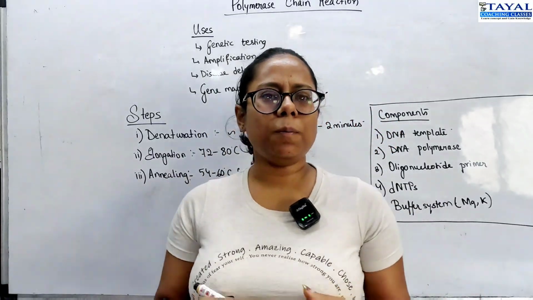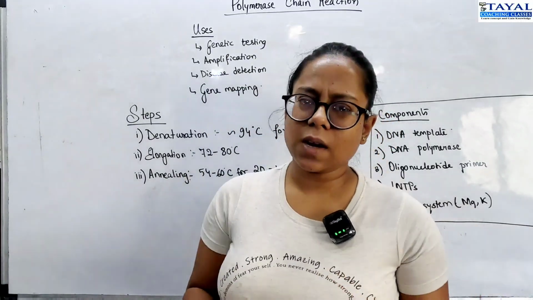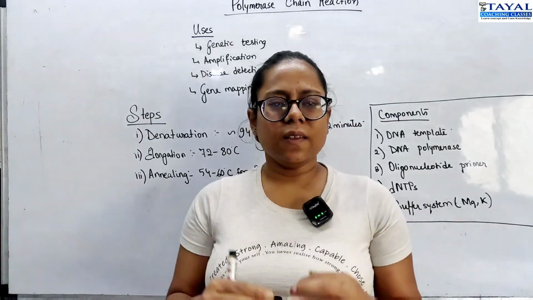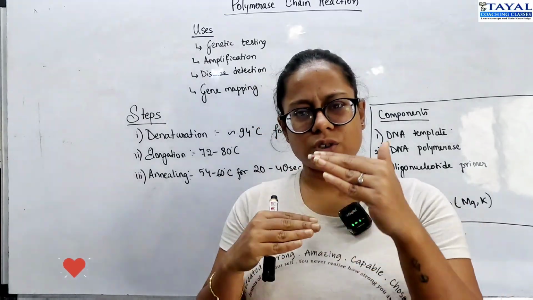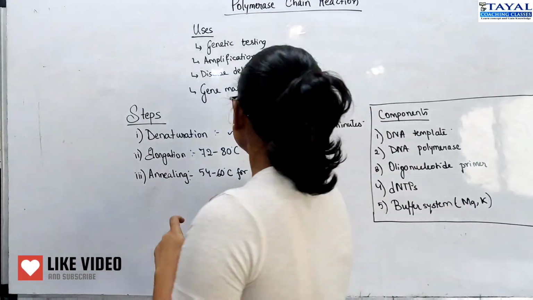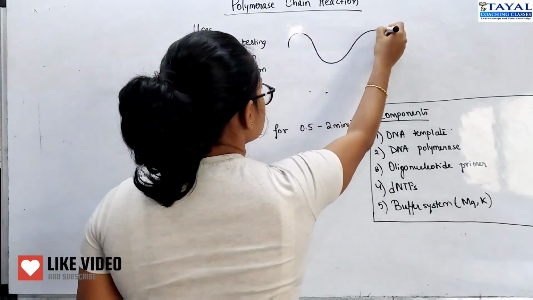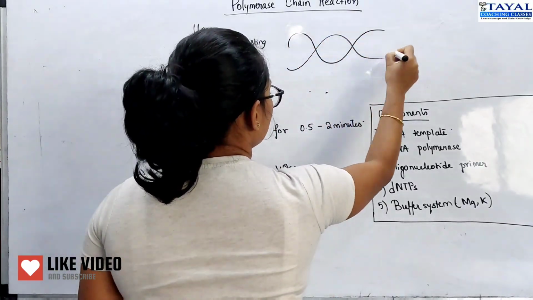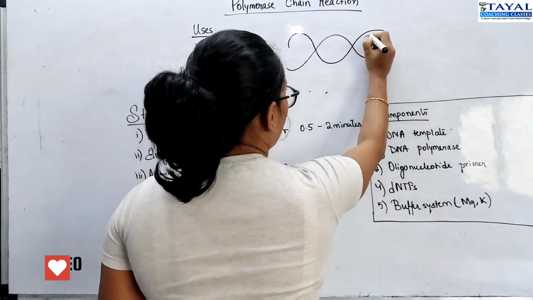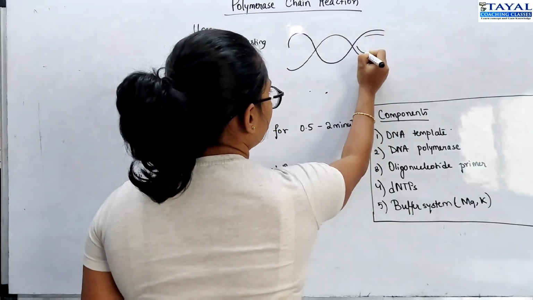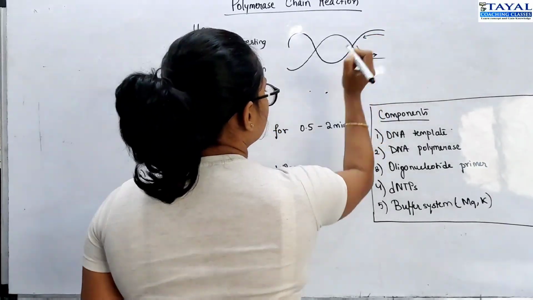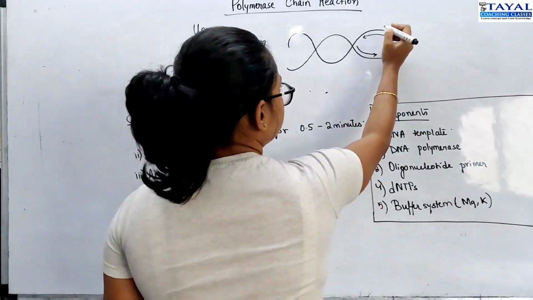If you remember what replication is, what happens in replication is that in your body, the DNA gets separated, the two strands form a replication fork. So like this. The two strands will form a replication fork, and at the replication fork you will have formation of DNA. Correct?